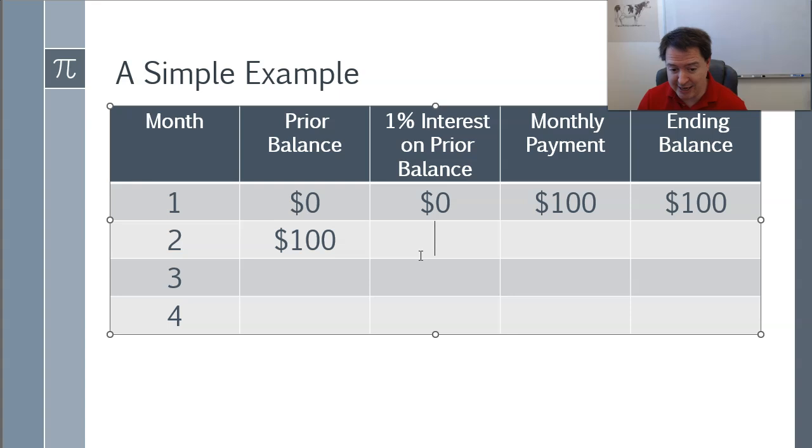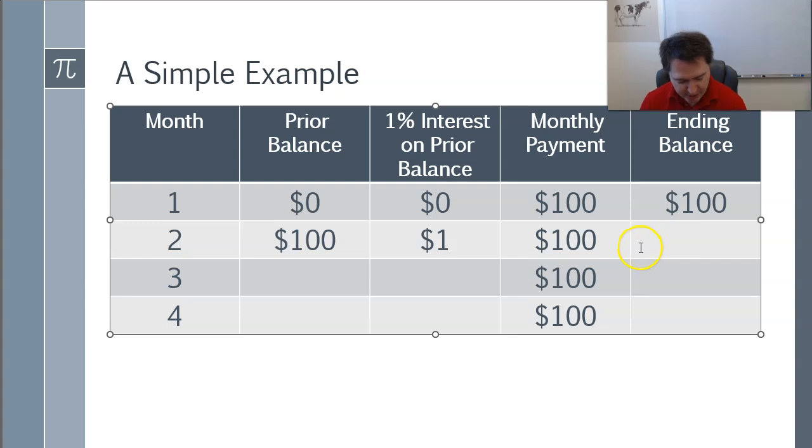And so we are going to get interest off of that. 1% of $100 is just $1. And I'm going to be putting in that $100 every single month, so I might as well just put that in here. Okay. And when I add up this row, 100 plus 1 plus 100, I get what the account will have in it at the end of month 2.